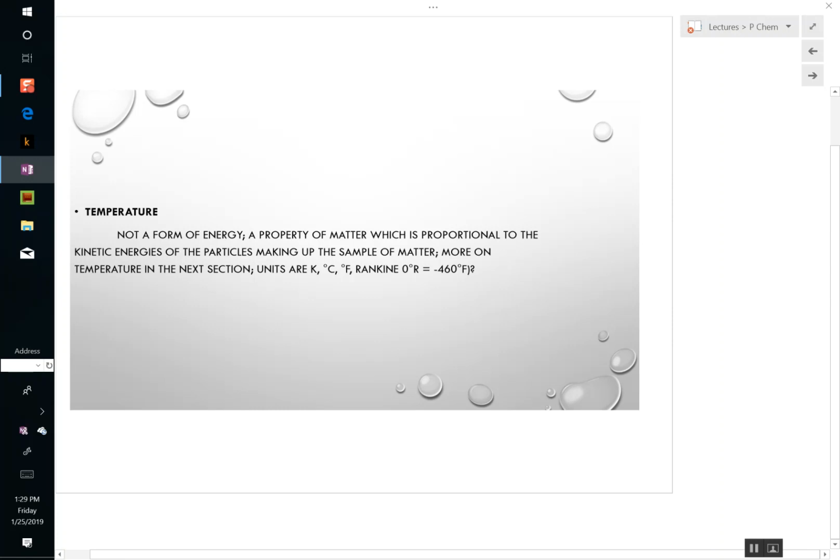All right, temperature. Now, temperature and energy, we can't just talk about them interchangeably. Temperature is not a form of energy. It's a property of matter. It's at a certain temperature. It's proportional to the kinetic energies of the particles making up the sample of matter.